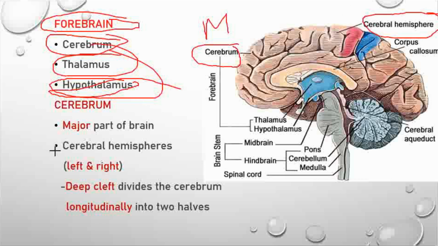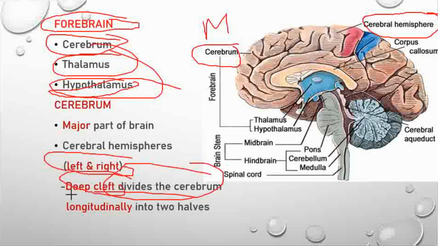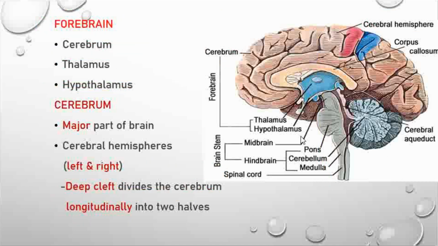And this cerebrum is divided, as on the previous slide la paatha mari, into left and right hemisphere, and a deep cleft divides the cerebrum longitudinally into two halves. So longitudinally they are divided into two halves as hemispheres. So we call it by the name left and the right cerebral hemispheres. So next we'll see.